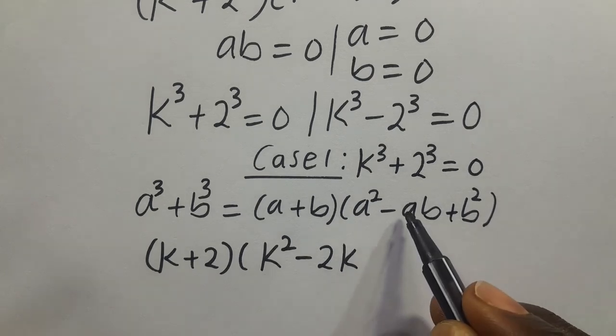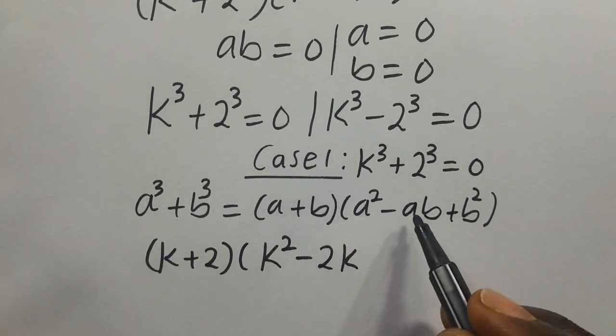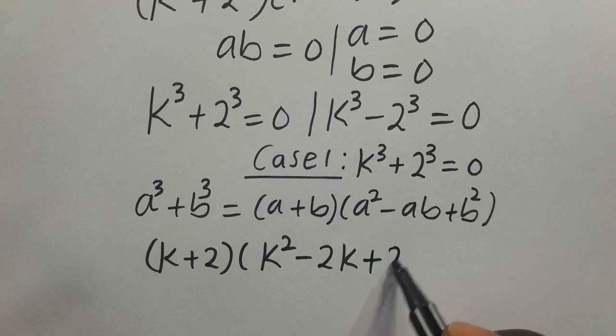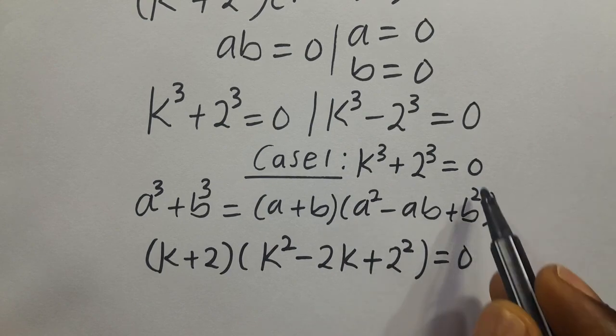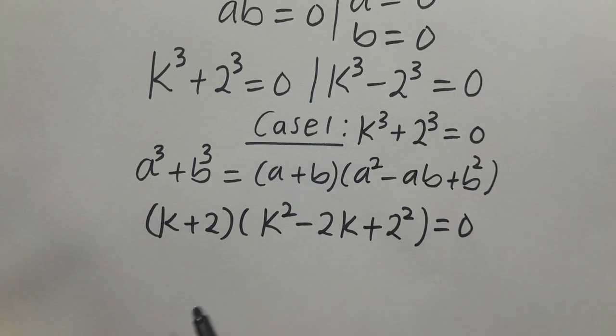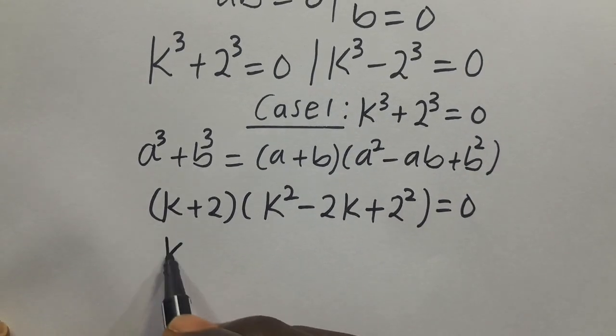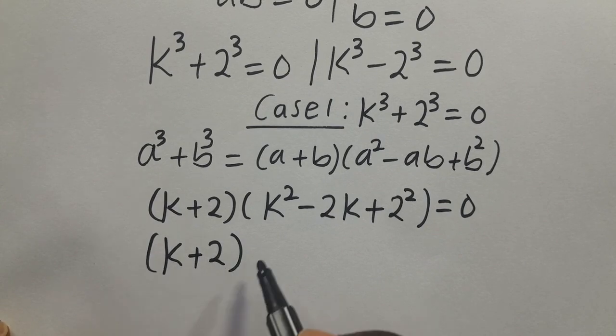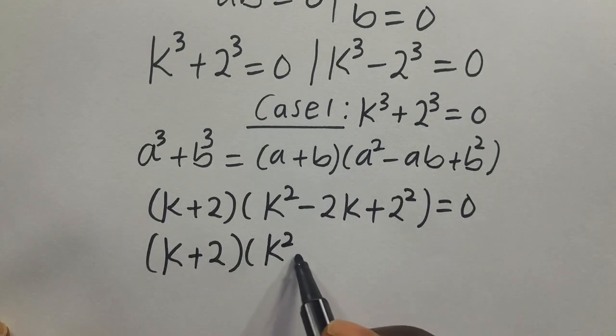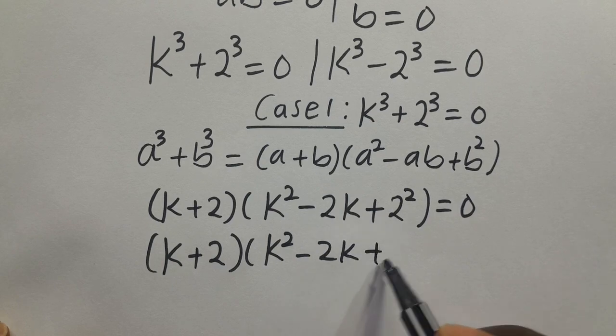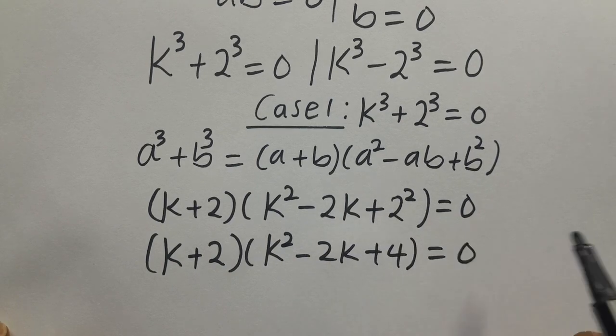How do we get minus 2k? Our a is k, our b is 2. So here will be plus 2 square equals 0. So we have k plus 2 in parentheses multiplied by k square minus 2k plus 4 in parentheses, then equals 0.